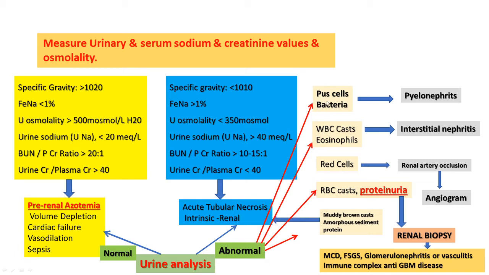You can get pus cells, bacteria indicating pyelonephritis, you can get WBC casts, eosinophils indicating interstitial nephritis, or RBCs and proteinuria, and you can get muddy brown casts or amorphous sediment, which again indicates acute tubular necrosis, that is intrinsic renal causes. And interstitial nephritis is also another important intrinsic renal cause.